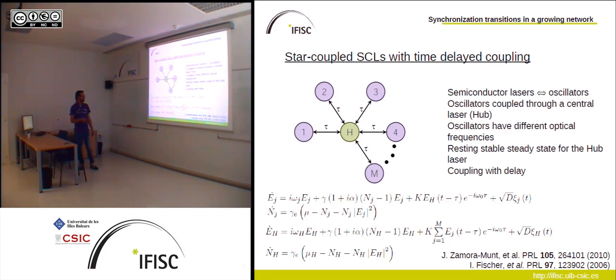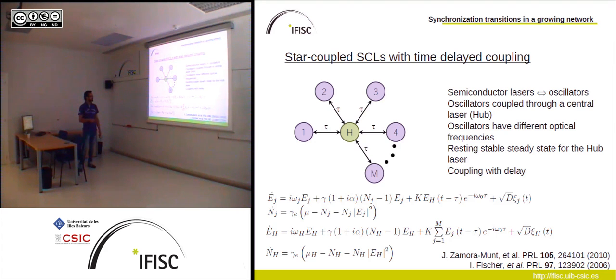So the equations are a generalization of the work done in 2006 by Ingo Fischer and co-workers, where they used 3 of these semiconductor lasers, as I explained before, a central laser with two lasers on the outside. So in this case, it's a generalization of the model they used.